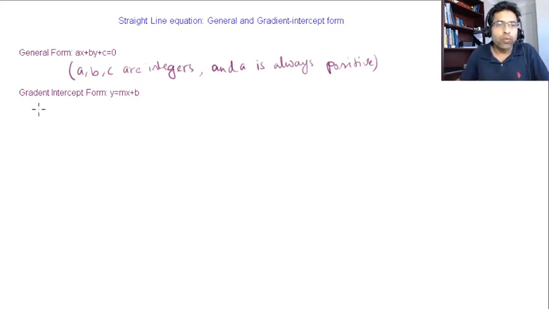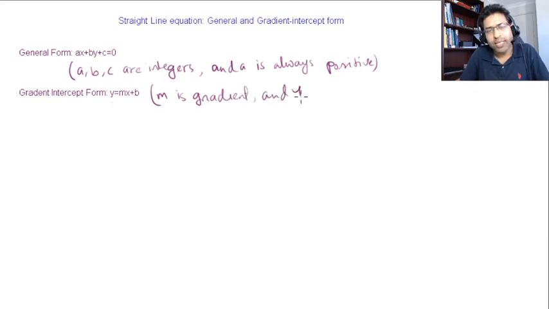Okay, and what is the gradient intercept form? Gradient intercept form is y equal to mx plus b. So the equation has y as the subject, and we know that m is the gradient. So m is called the gradient, and b is the y-intercept.